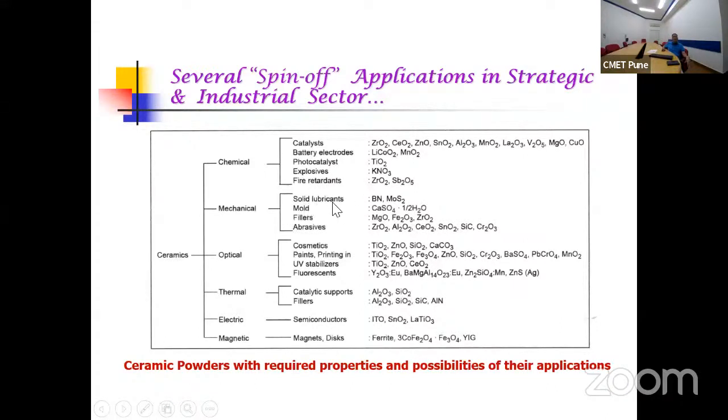In mechanical, solid lubricants, boron nitride, molybdenum, calcium silicate, and then in fillers, magnesium oxide, iron oxide, zirconium. Abrasives, zirconium, aluminium, cesium. So many different applications are there in different fields.